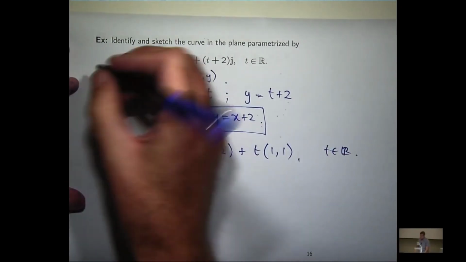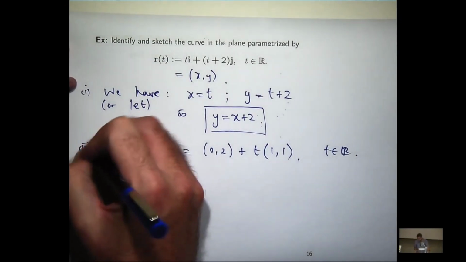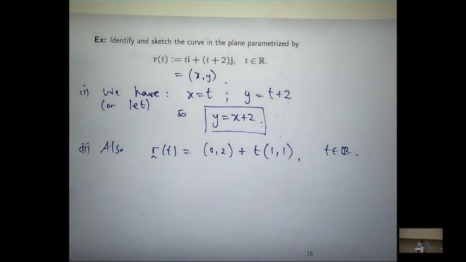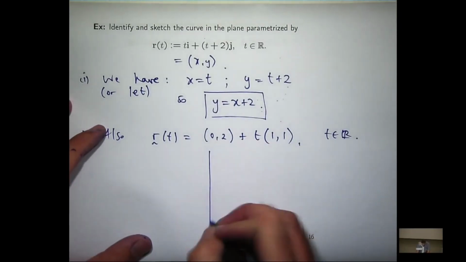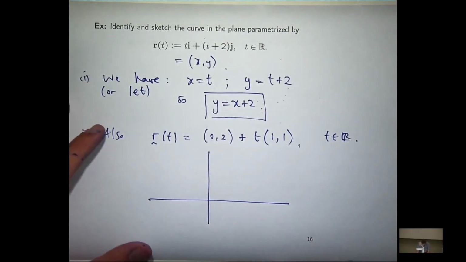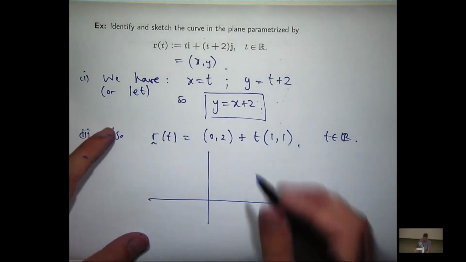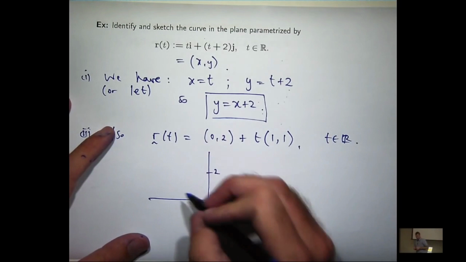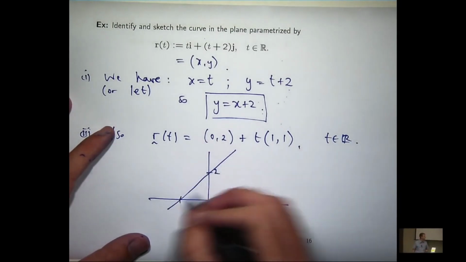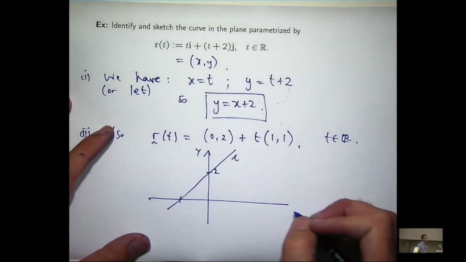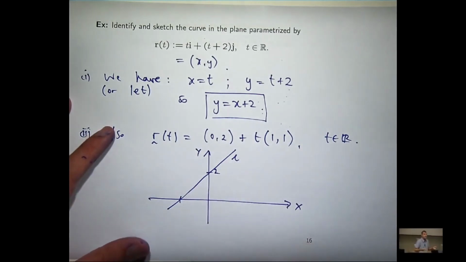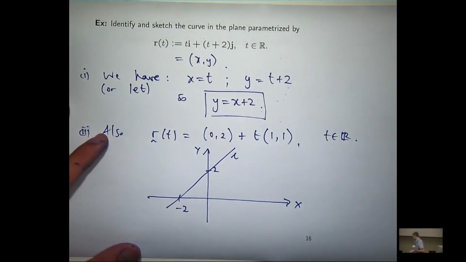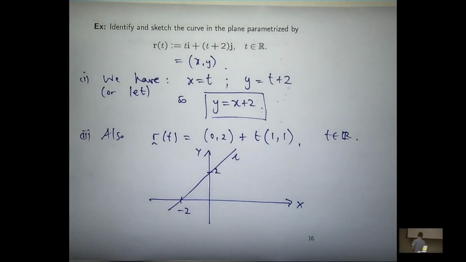So that's 2 ways of solving the problem. This one's pretty quick. I've got to say I like that one. All right? So what would our line look like? Something like that. Okay, pretty straightforward.